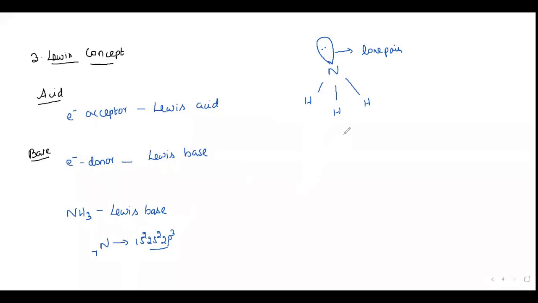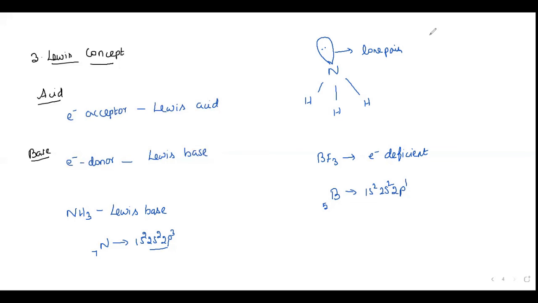Okay, which one will act as Lewis acid? BF3, boron trifluoride. Electron deficient species. How is it called electron deficient species? The central atom is boron, atomic number 5, electronic configuration 1s2, 2s2, 2p1.